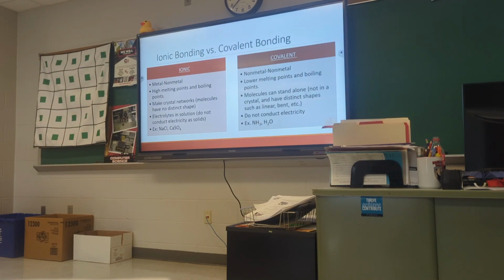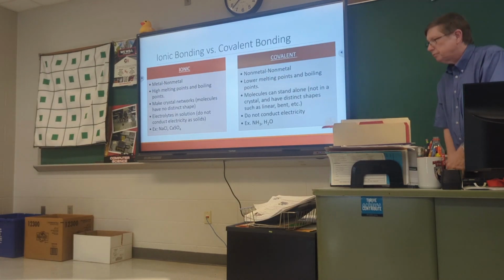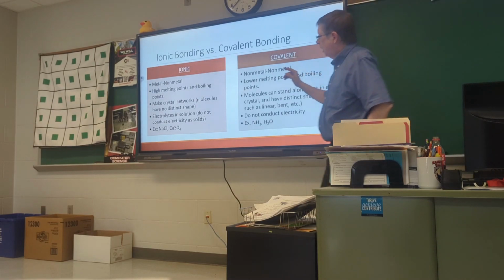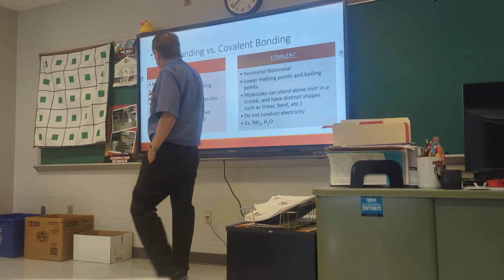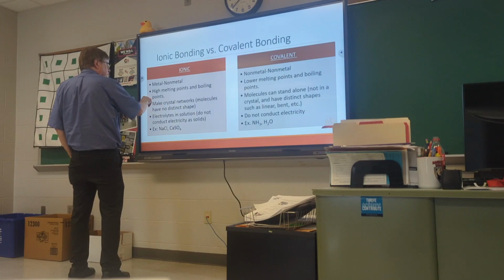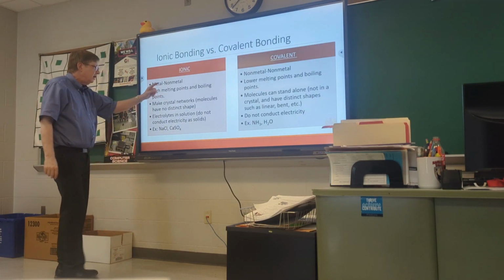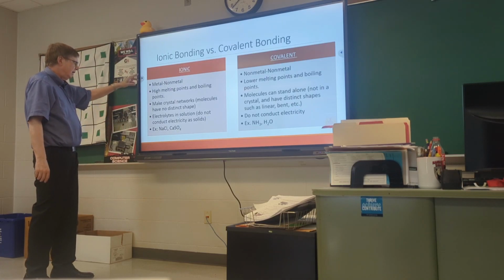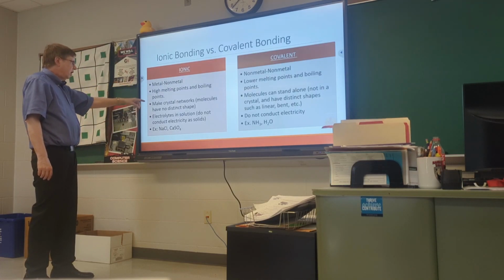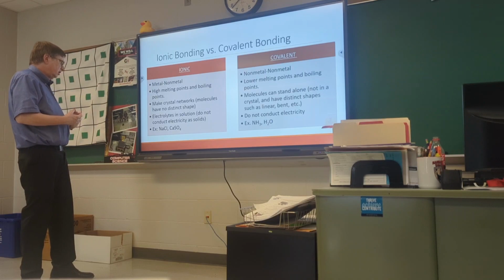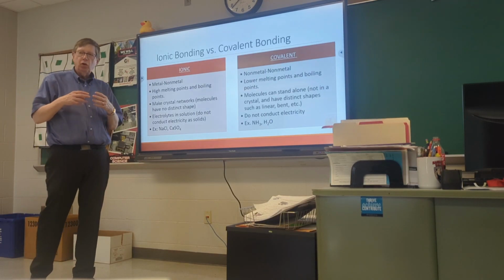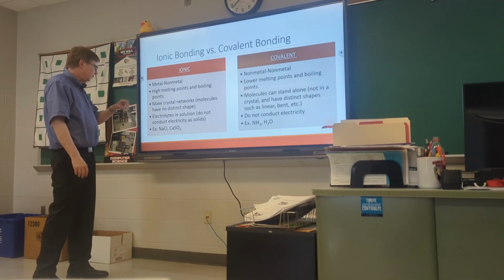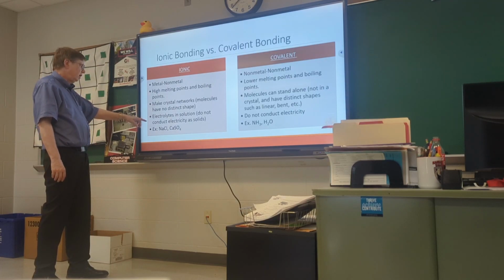Ionic versus covalent bonding. Ionic is mainly metals to nonmetals. These things have high melting points and boiling points. Ionic compounds make crystalline networks. I'm going to show you one in a little bit. I think they've got it. If not, I'll do it at the end.